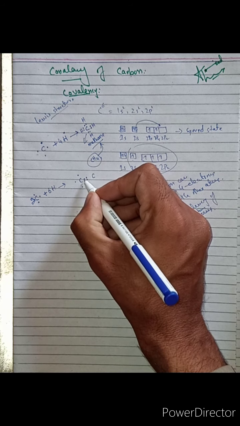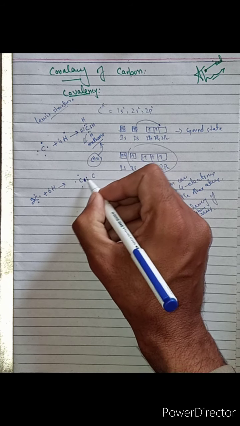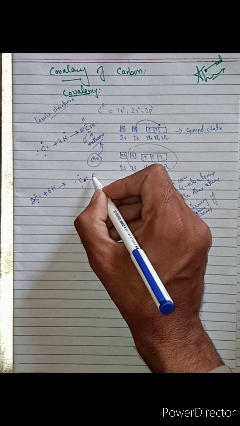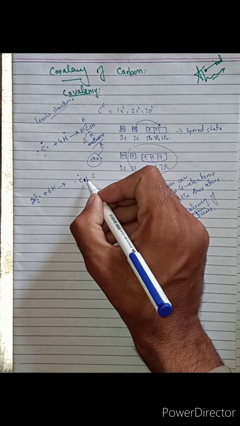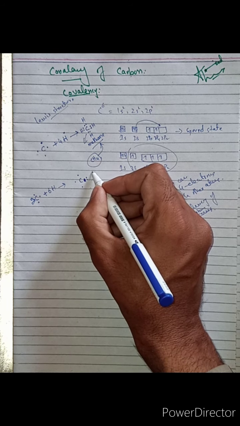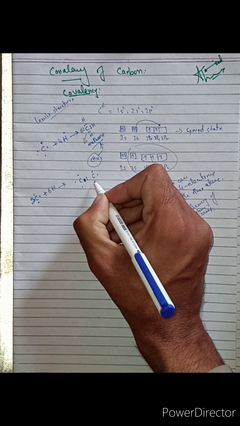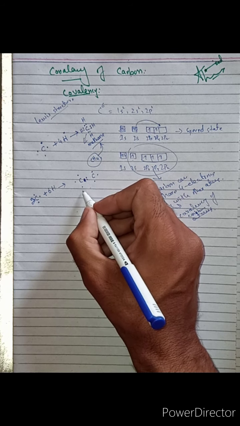The carbons share one electron between them, so each carbon still has four electrons.